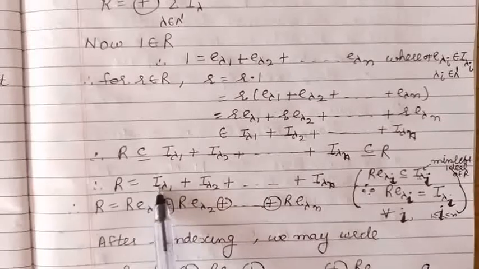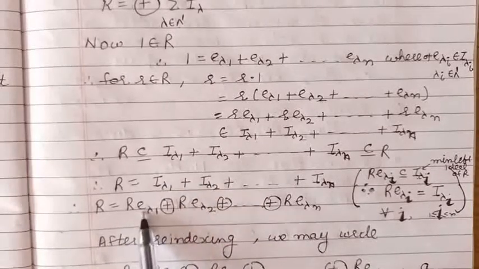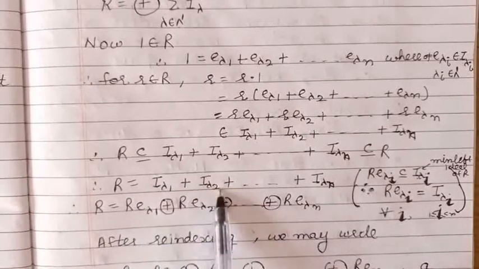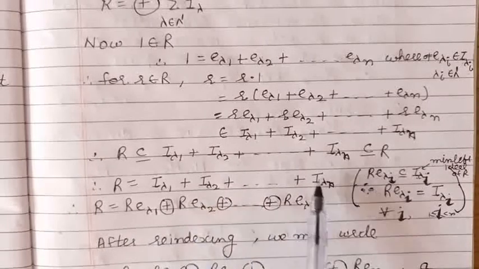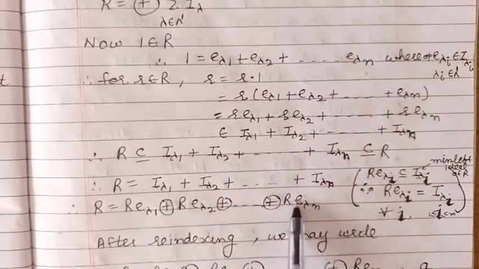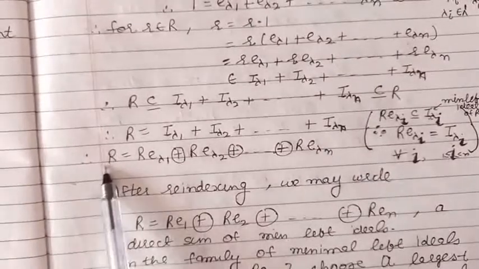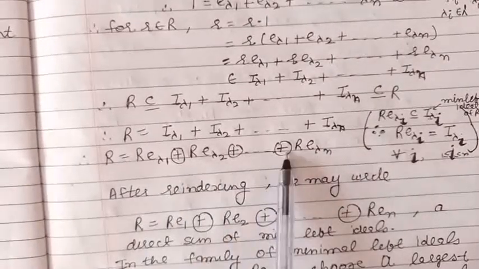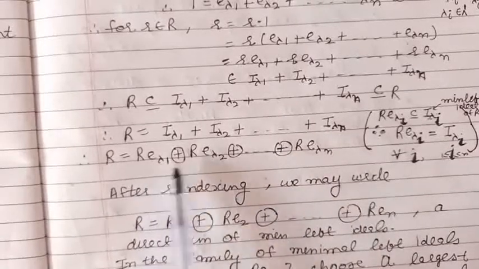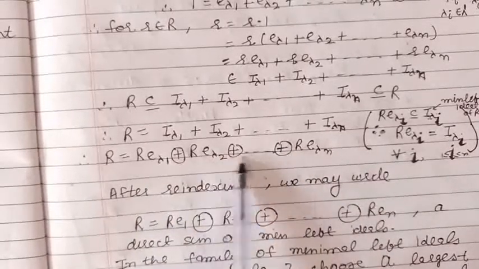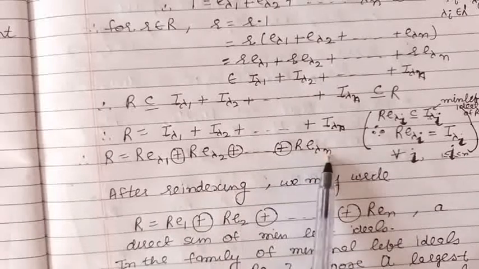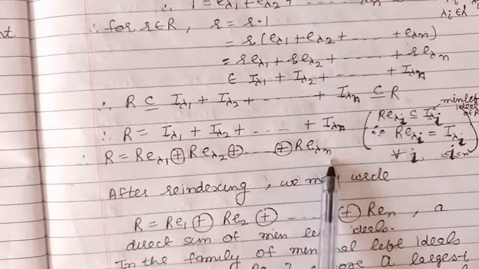So we can put I lambda 1 as R E lambda 1, I lambda 2 as R E lambda 2, I lambda n as R E lambda n. So we have proved R can be written as the direct sum of the ideals R E lambda 1, R E lambda 2 and so on up to R E lambda n. For our convenience, let us do the re-indexing.